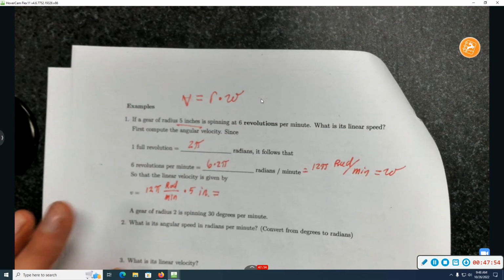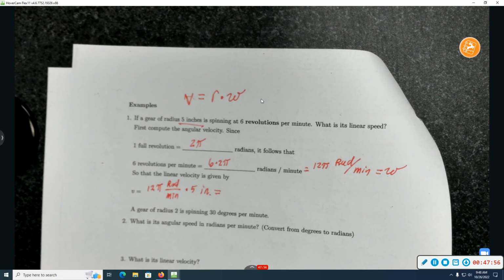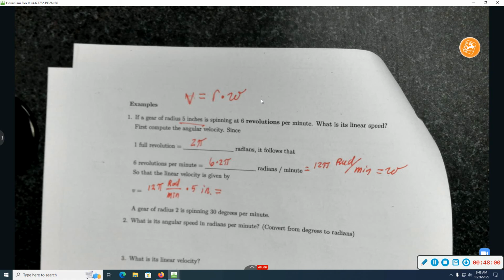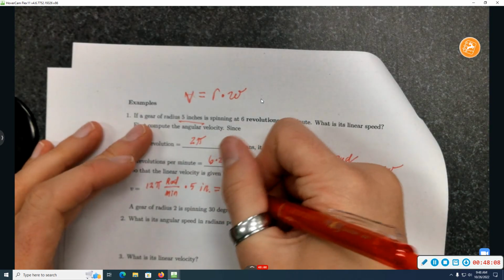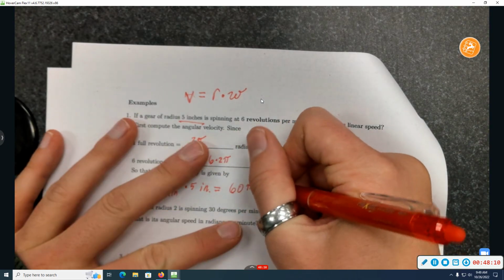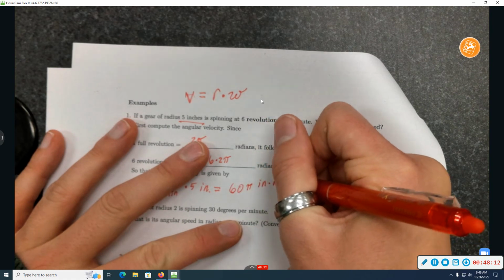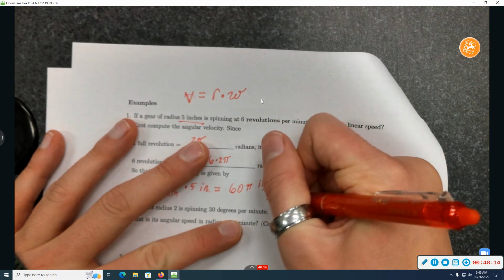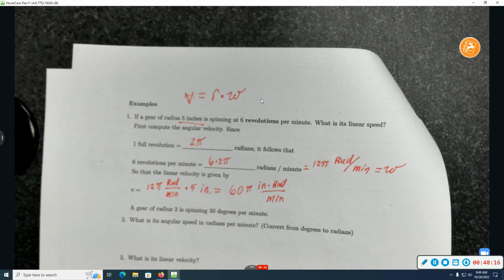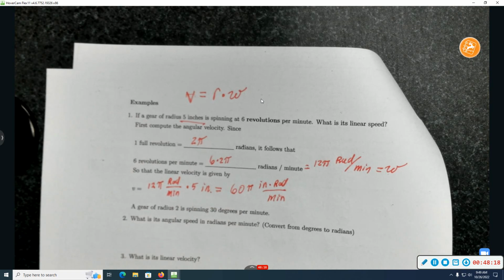And so this is where the unitless feature of radians will come into play. That looks like it should expand out to 60 pi inches times radians per minute. Which is weird. I expect to just have unit of distance per minute because this is speed.